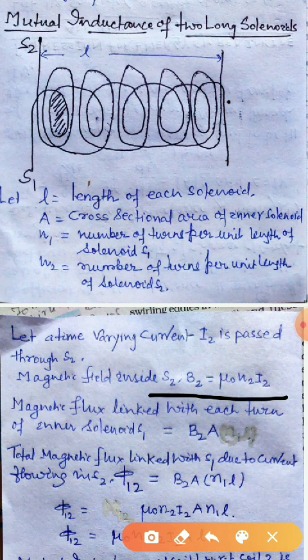So the magnetic flux across each turn is B2 into A. Now the total magnetic flux linked with solenoid S1 due to current flowing in S2, phi 12, is equal to the above expression multiplied by the total number of turns. N1 is the number of turns per unit length, so N1 into L is the total number of turns in the solenoid S1. So the total magnetic flux is equal to B2 A N1 L.